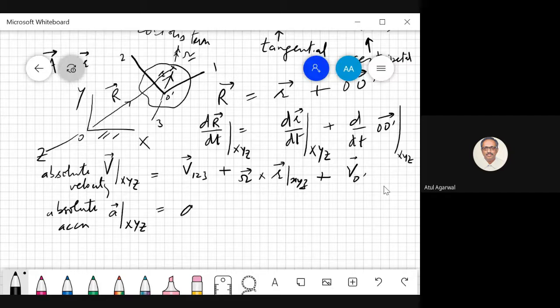You will get the acceleration with respect to the 1, 2, 3 system plus, instead of A, you now have R. So everything will be the same. You have to just replace A by R. So there is another term, 2 omega cross the velocity with respect to the 1, 2, 3 system.